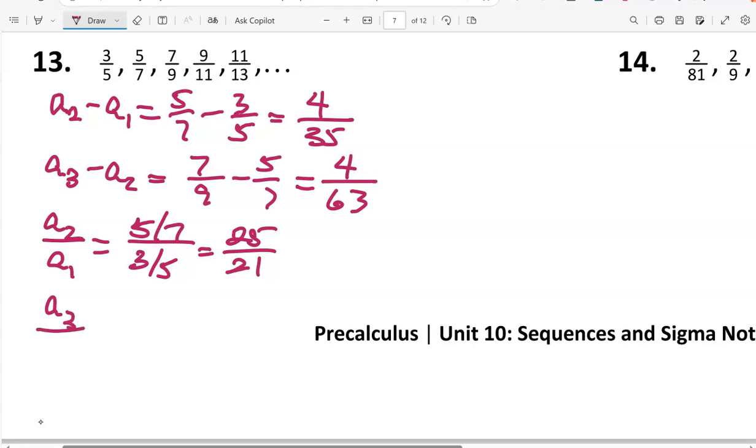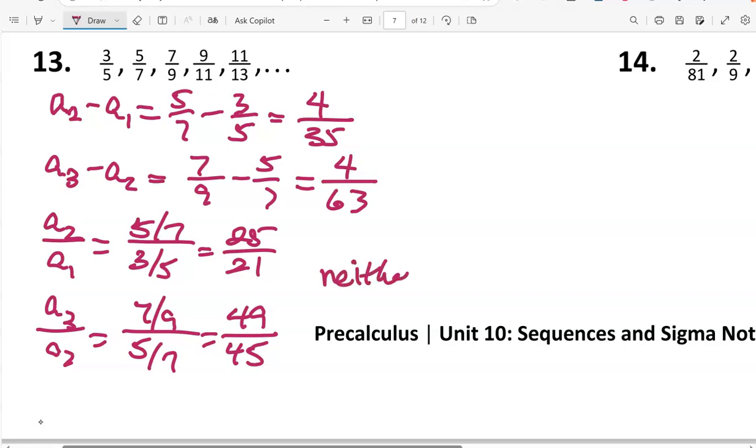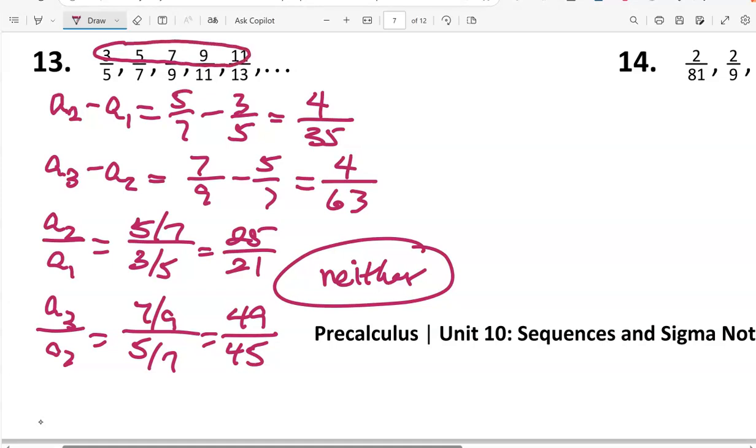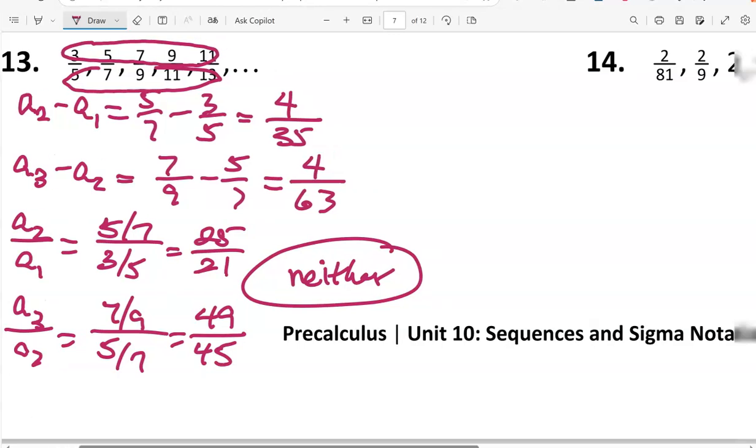And a sub 3 divided by a sub 2 is 7/9 divided by 5/7, and that will be equal to 49 over 45. We do not have a common ratio, so this sequence is neither. It might be interesting to note that if we just look at the numerators of each of these fractions, the numerators form an arithmetic progression, as do the denominators, but the fractions do not form an arithmetic progression.